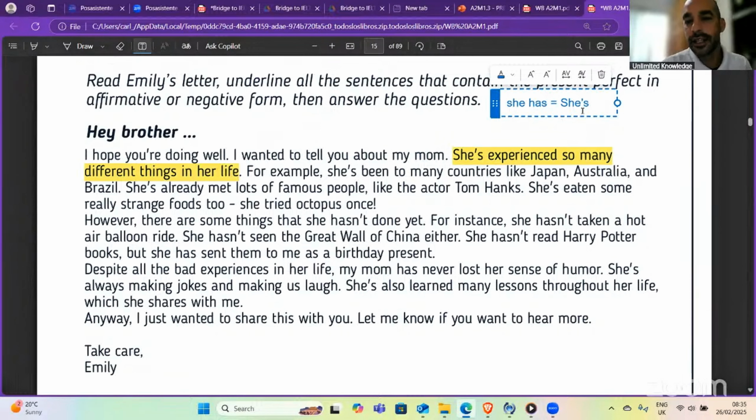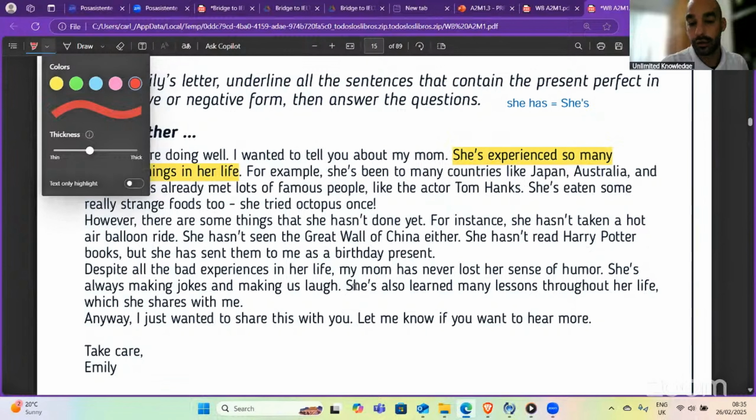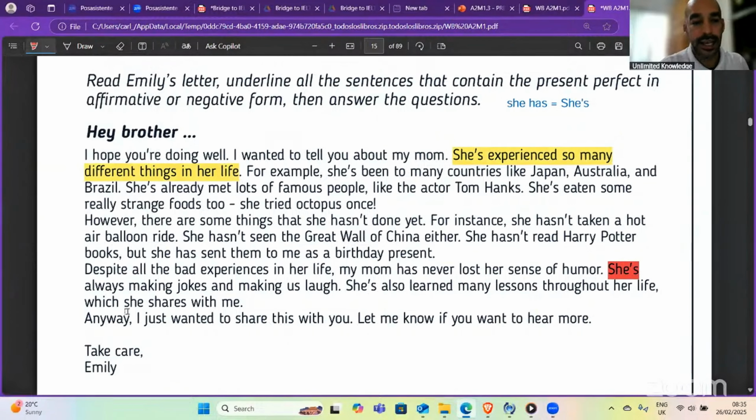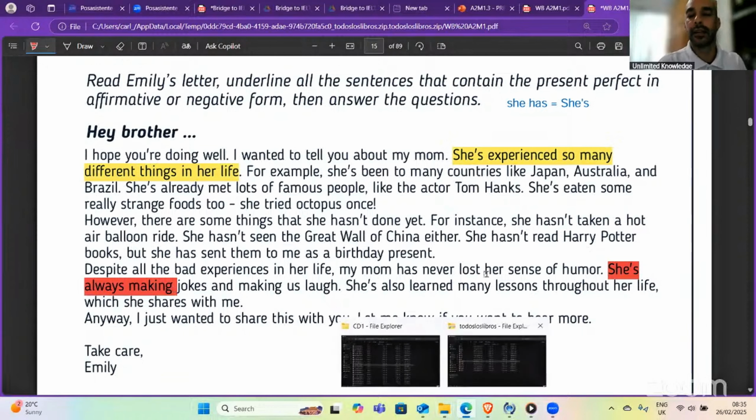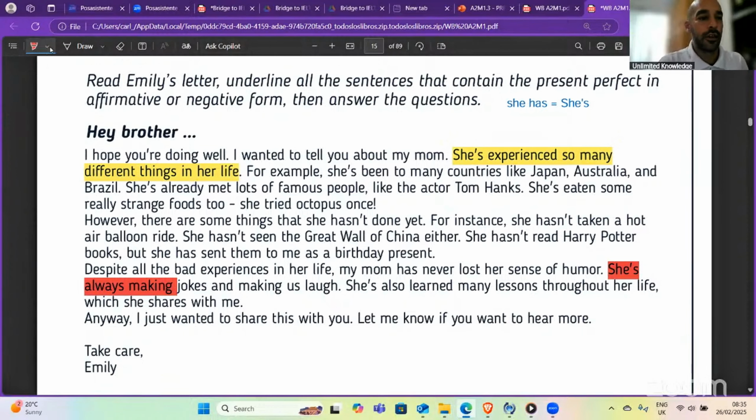So where we see she's in this example, we are talking about she has. However, we also need to be careful because we can also contract she is, which we find here. She is always making. Okay, so let's go back to our present perfect.